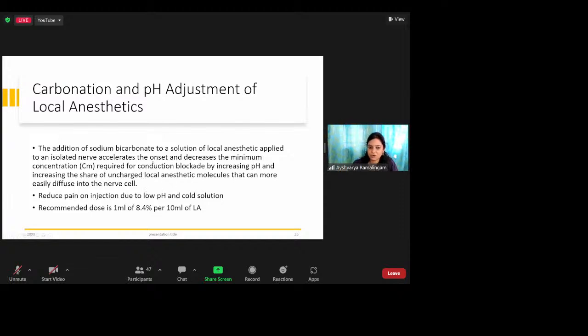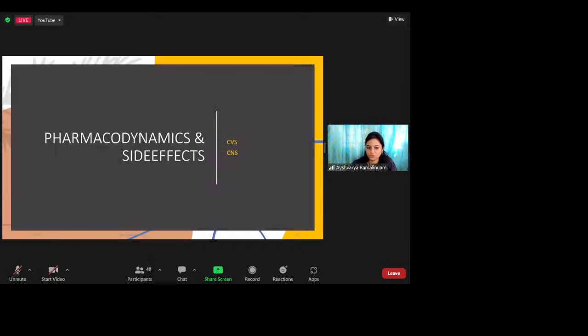Addition of soda bicarb has been found to increase the onset of action because it causes alkalization by increasing the pH and increasing the share of the uncharged local anesthetic, which can easily diffuse across the nerve cell. The recommended dose is 1 ml of 8.4% for every 10 ml of local anesthetic used.